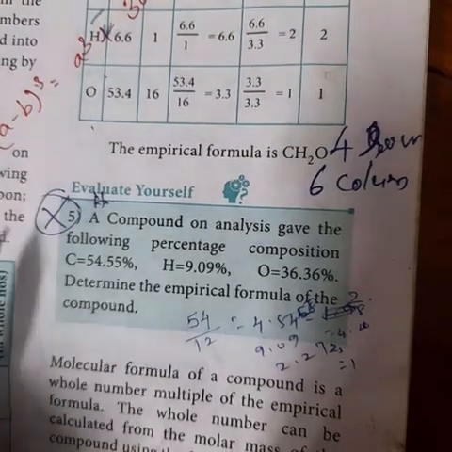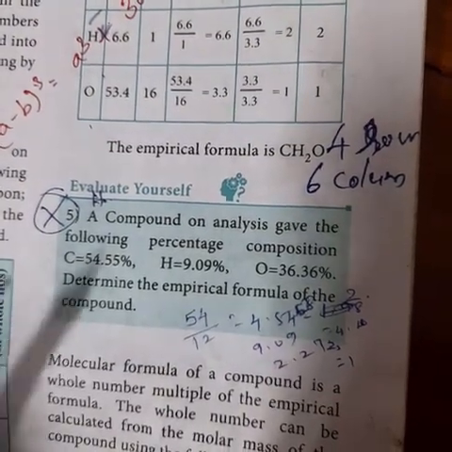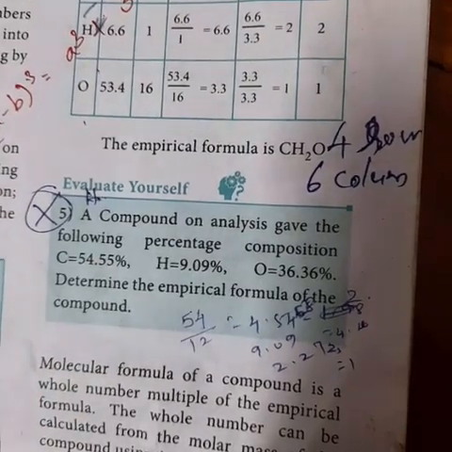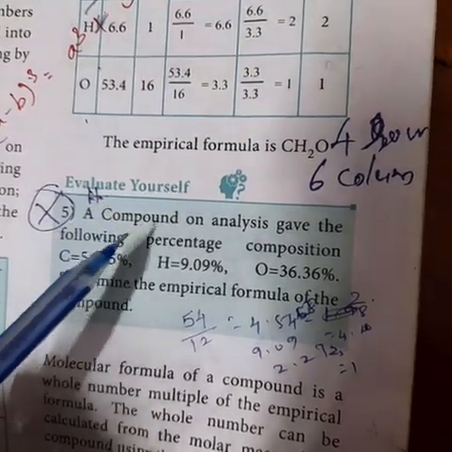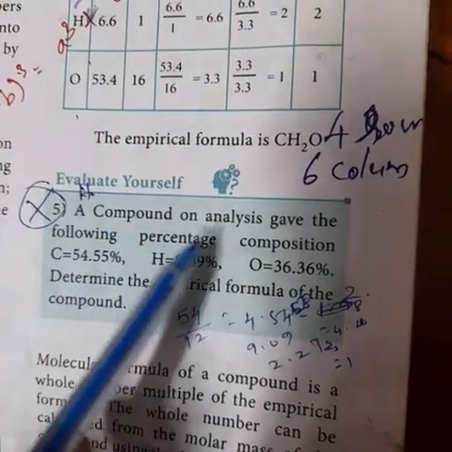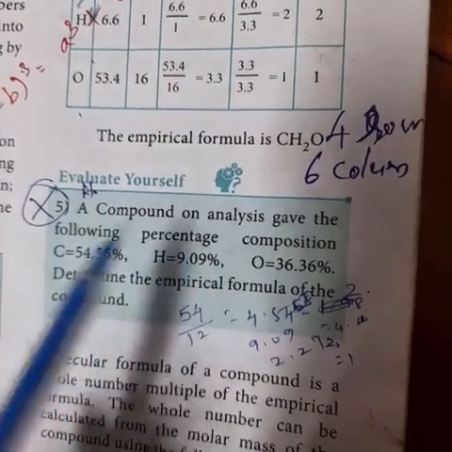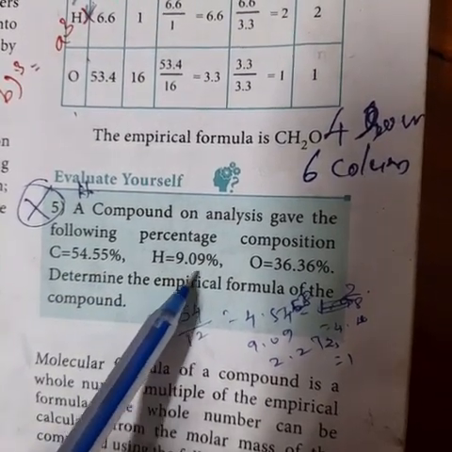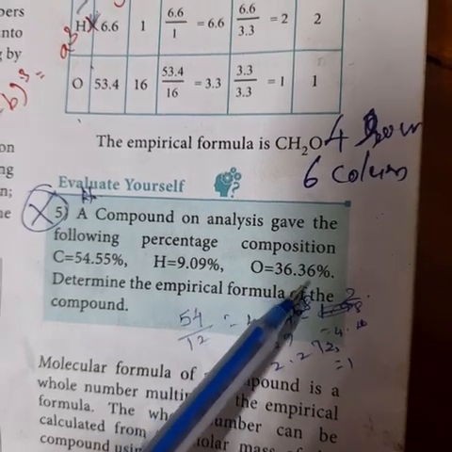Okay students, today two questions are given as assignment. First, page number 11, evaluate yourself question. A compound on analysis gave the following percentage composition: carbon 54.55 percent, hydrogen 9.09 percent, oxygen 36.36 percent.